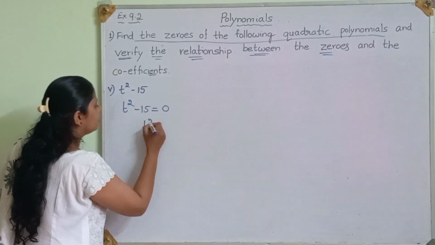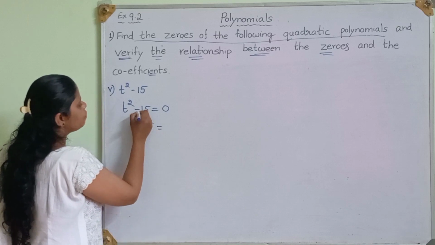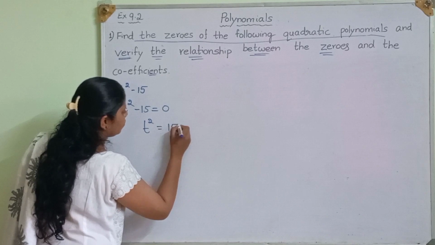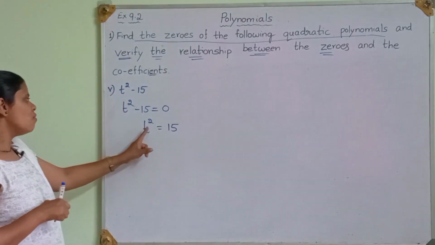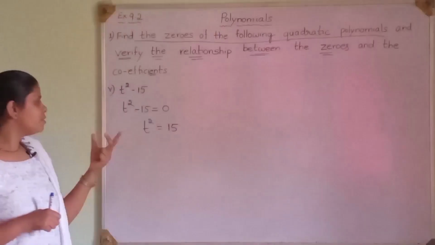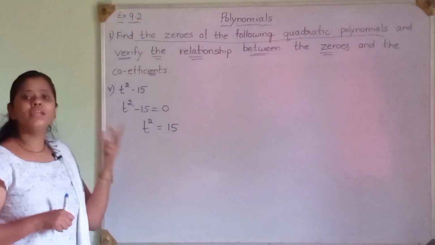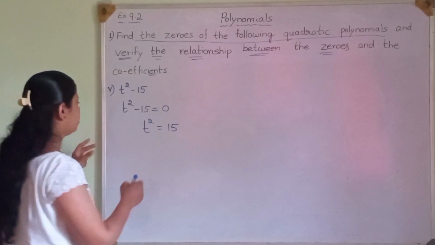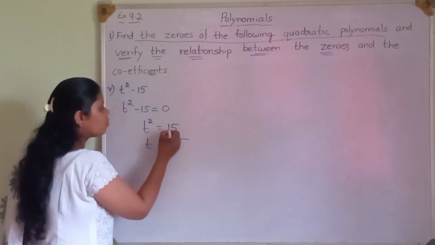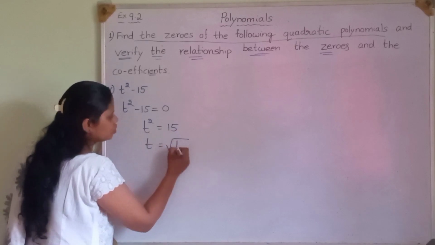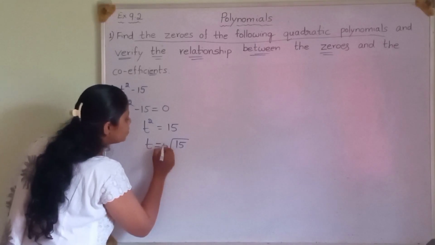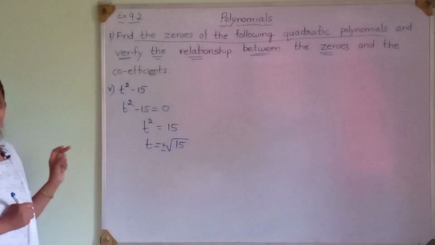t² = -15, and when it crosses the equal to sign, it will become +15. See, the value of t² is 15, but here we must concentrate on the value of t, not on t². Therefore, t equals this, and when the square crosses to this side it becomes a square root: plus or minus the square root of 15.